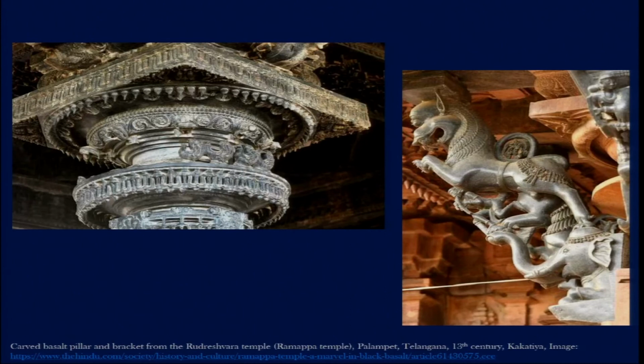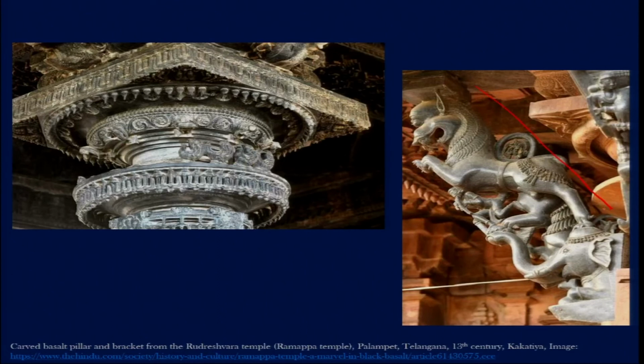And then on the other hand, we see this tremendous skill to manipulate this heavy and almost impenetrable stone, and the amount of detail created on top of it. The same goes for the brackets on the right side of the screen.